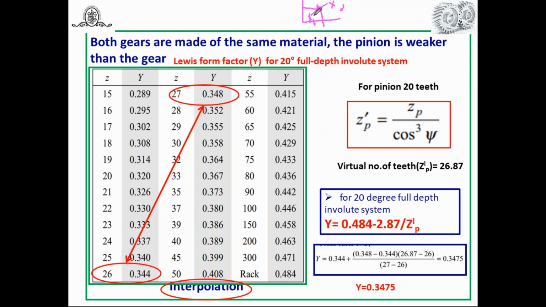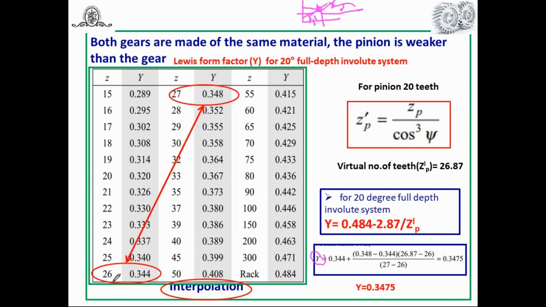For x1 you have the coordinates x1, y1, and for x2 you have x2, y2, and you have to find the coordinate of the point between them. You can use the equation of a line with some slope, y is equal to mx plus c, and similarly use the equation for the other also. By using this theory you can find the coordinate of the middle point. The same logic you use in interpolation, and here, by using interpolation you have to find the Y.